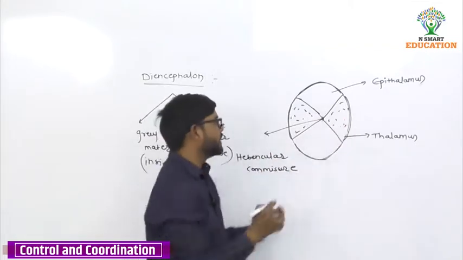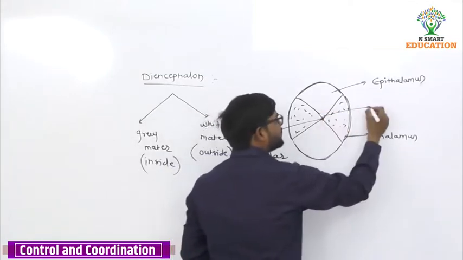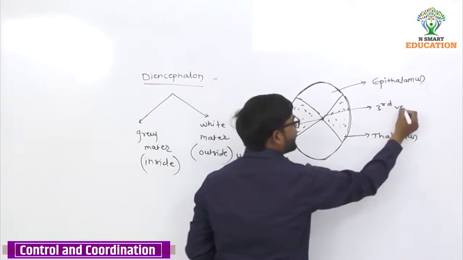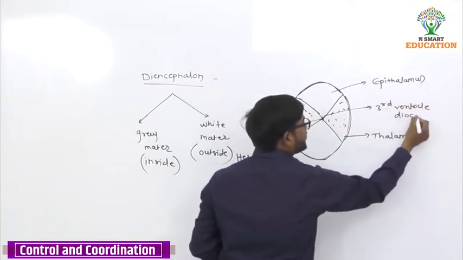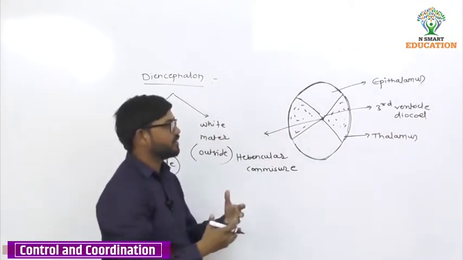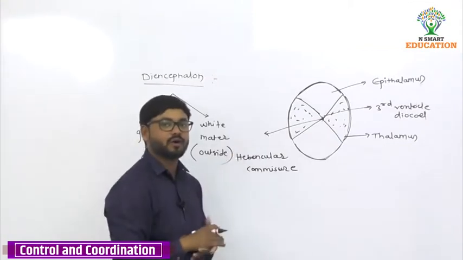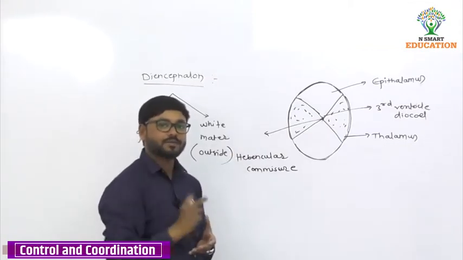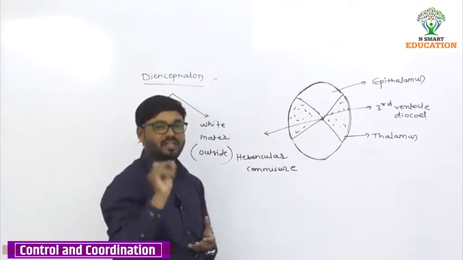Okay, and here the third ventricle is present, the third ventricle is called the diocele. You know about the diocele. We will discuss one more time how many ventricles are present. Particularly 4 types of ventricles are present, but classified into 3 categories.